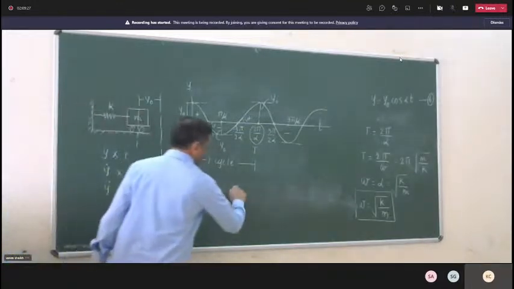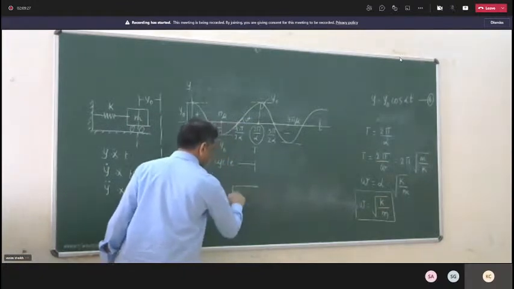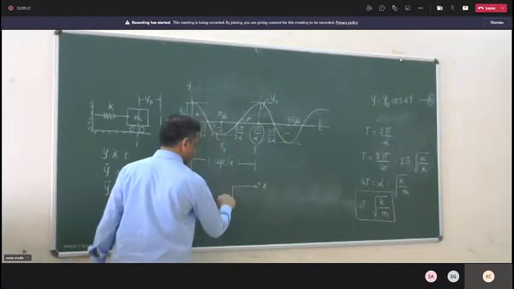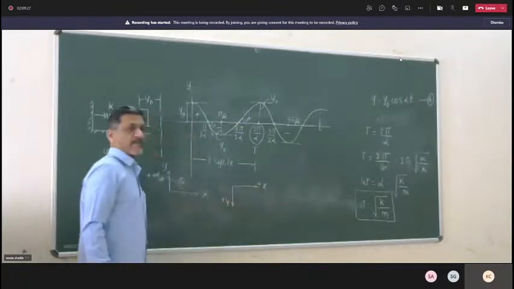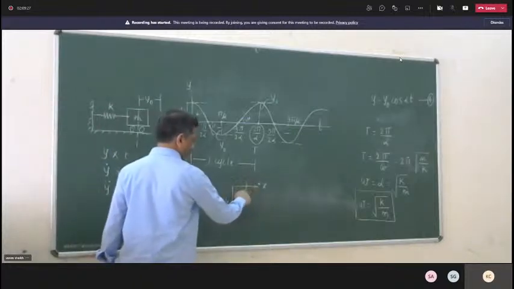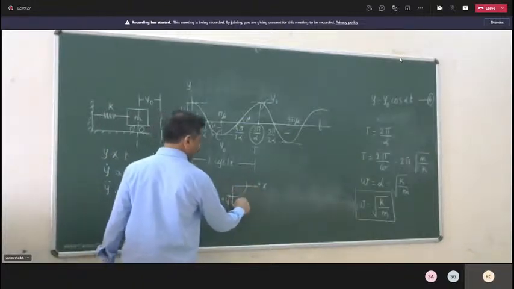Sometimes in beams, etc., we take this sign convention. This is positive x, we take this is positive y, etc. In beams, in that case, positive angle is moved from x to y. This is positive.